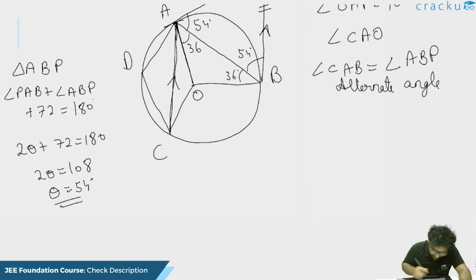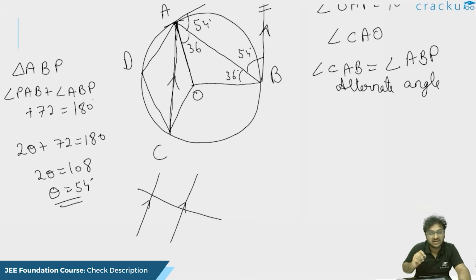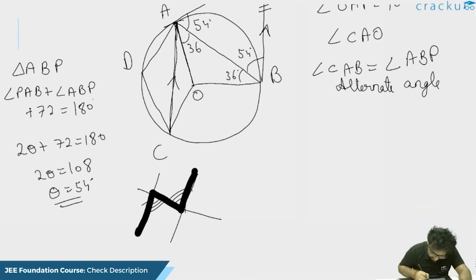See, if two lines are parallel and there is a transversal, then this angle will be equal to this angle. Why? Because they are forming a Z formation. Here, too, a Z is formed.